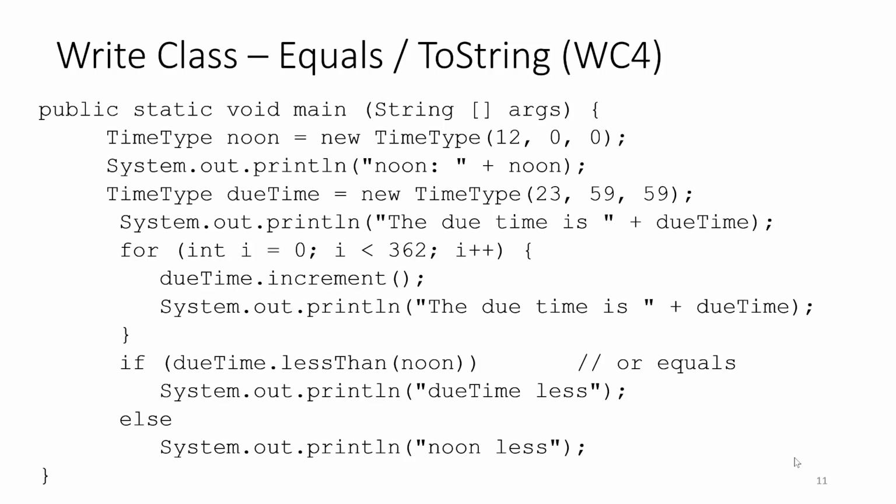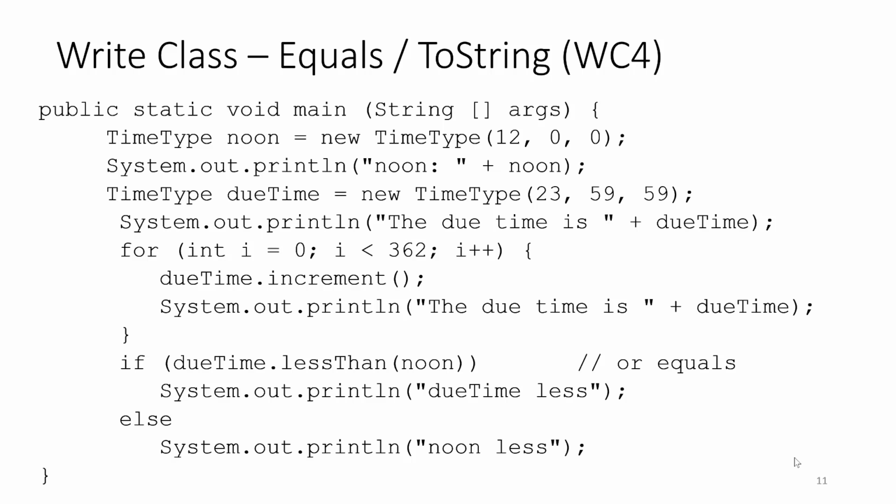Now we can look to see what this looks like in a driver program, where we have declared one instance of time type, which is noon, with the values of hour 12, minute 0, second 0. We can print noon. Notice on the second line, we have print line noon, which is a string, followed by noon, which is our variable.